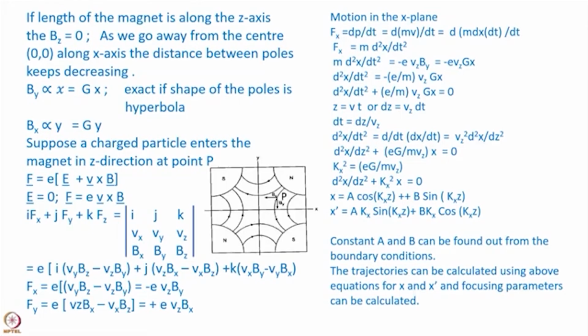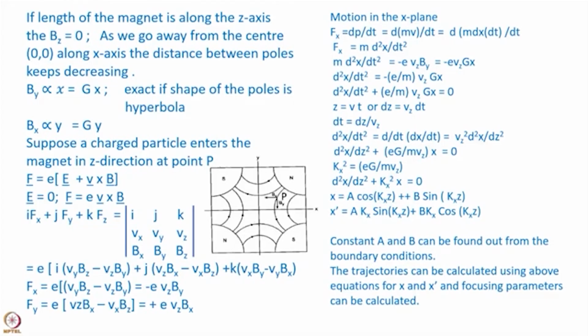So these are three components, and the right-hand side you can write in matrix form, and if you expand the matrix form, then from this equation you can write Fx is equal to charge times By Vz.